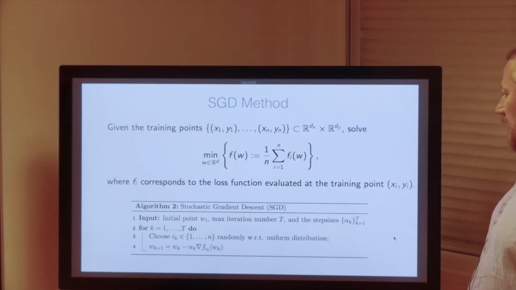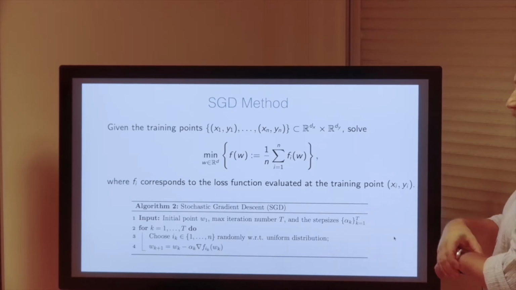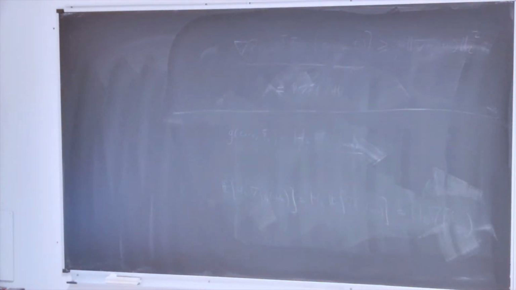And the stochastic gradient descent, at the beginning I'm just going to assume that it runs like this. You start with an initial point, you choose a maximum iteration number t.